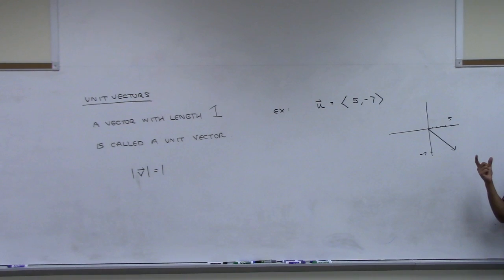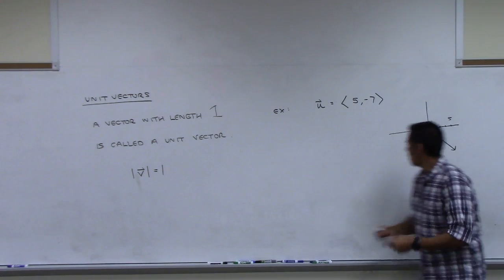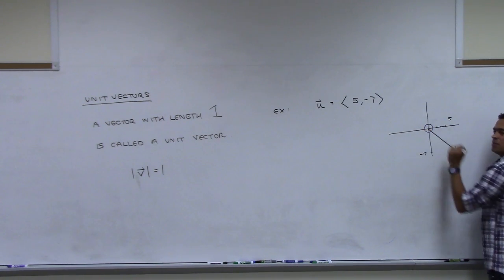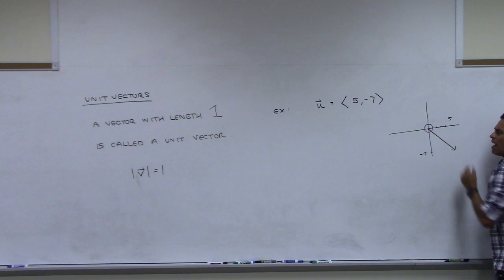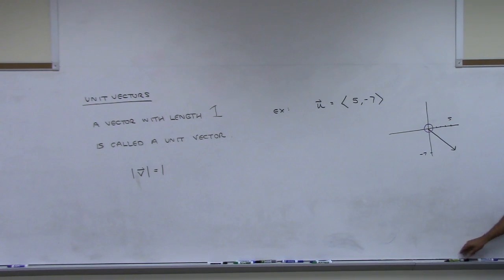Is it obvious? Okay. In fact, for it to be a unit vector, it would have to be touching that purple circle, the unit circle, if you started at the origin. So here's my question to you.